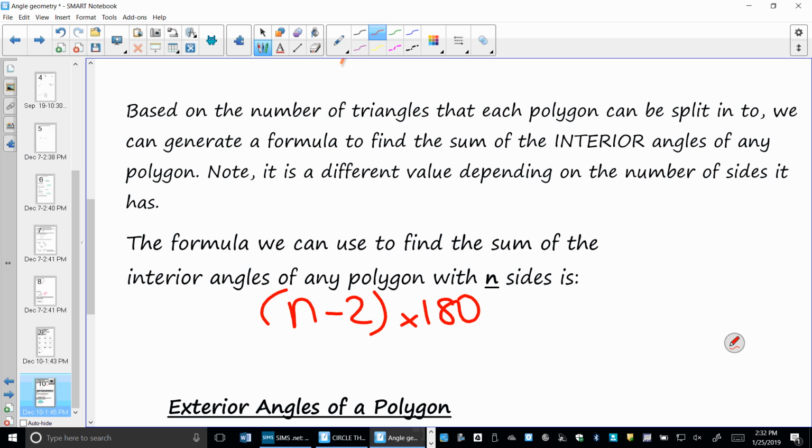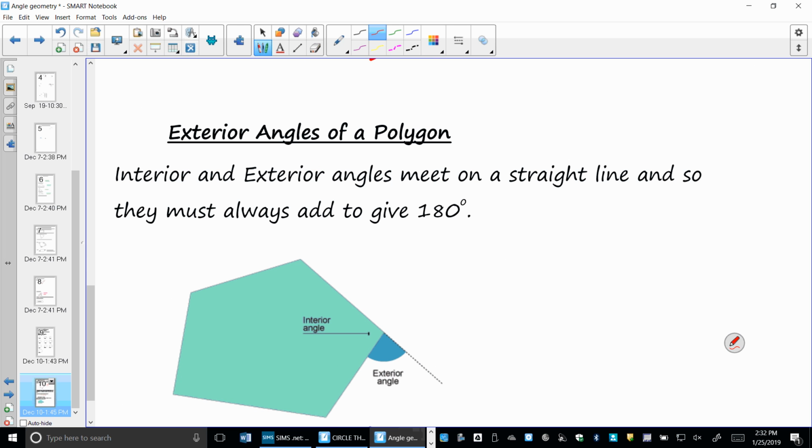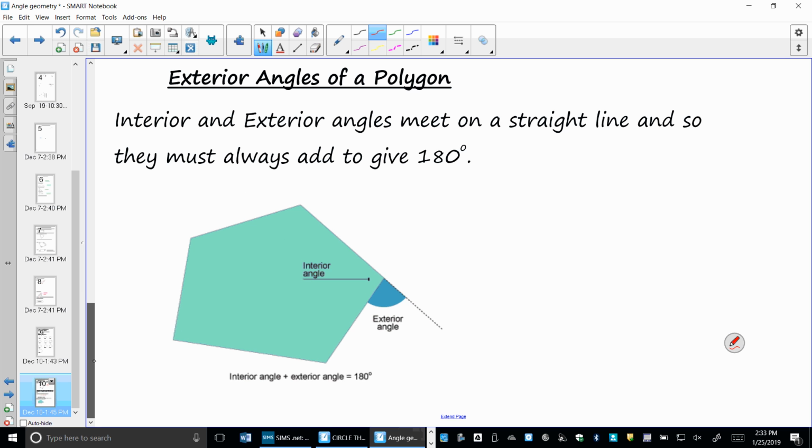Exterior angles of a polygon are nice and easy. Exterior angles of a polygon always add up to 360. So where does it say that? No, it says the interior and exterior add to 180.